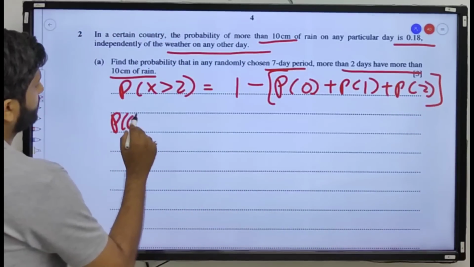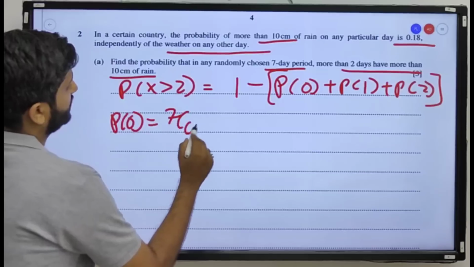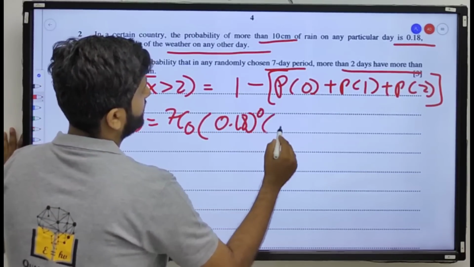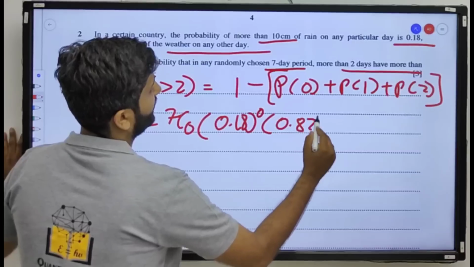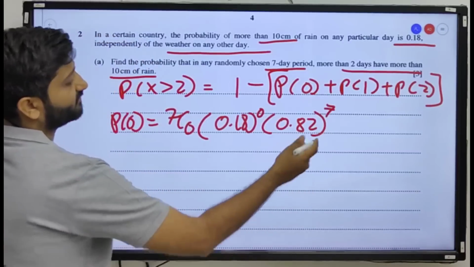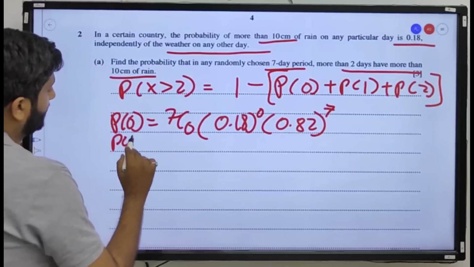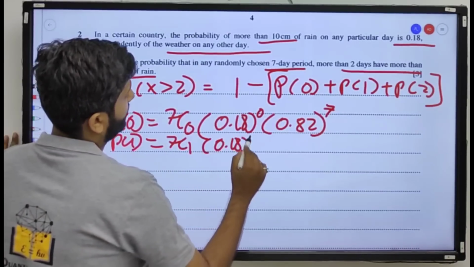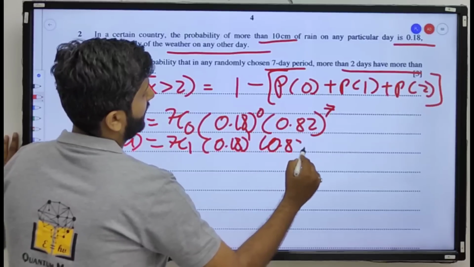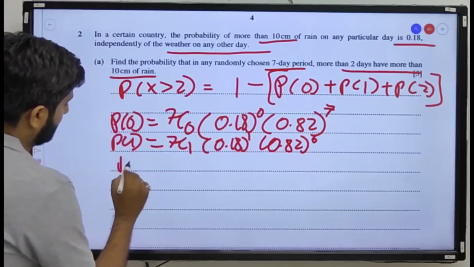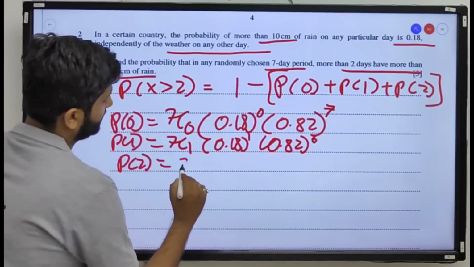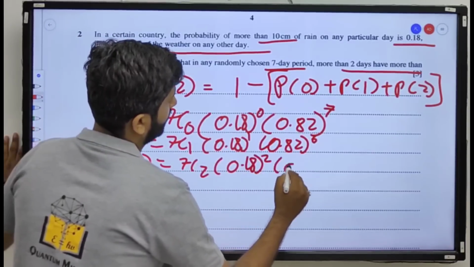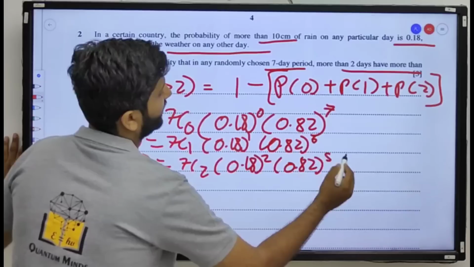So using binomial distribution, 7C0, probability of success, power 0, and probability of failure, power 7, which is 1 minus 0.18. Probability of 1 is 7C1, probability of success, power 1, probability of failure, power 6, and probability 7C2, probability of success power 2, probability of failure power 5.